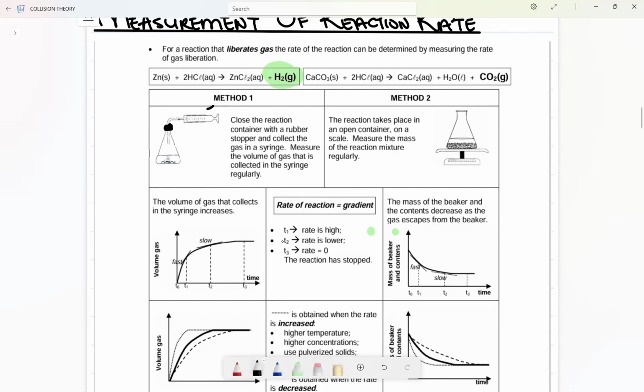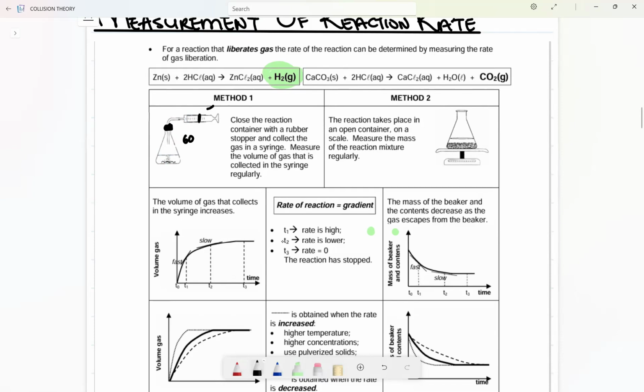Now let's say this is the measurement here. Let's say this is 60, as it is closed like that. But as the gas moves like that, can you see this gas will put pressure on the syringe, so the syringe will move until the gas ends. Maybe the syringe will now be here.